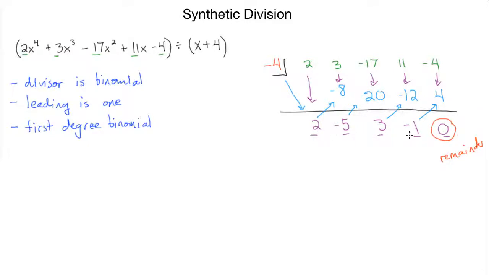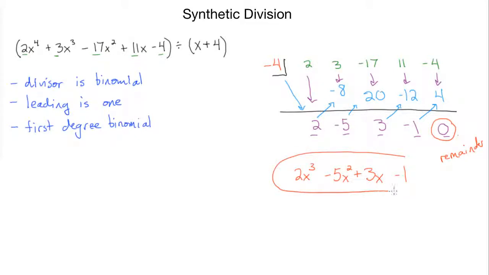These other terms are a polynomial in descending order. The last term is the constant term, so that's my negative 1. This is my x term, so it's 3x. This is my x squared, so minus 5x squared. The 2 is my cubed term, so 2x to the third.